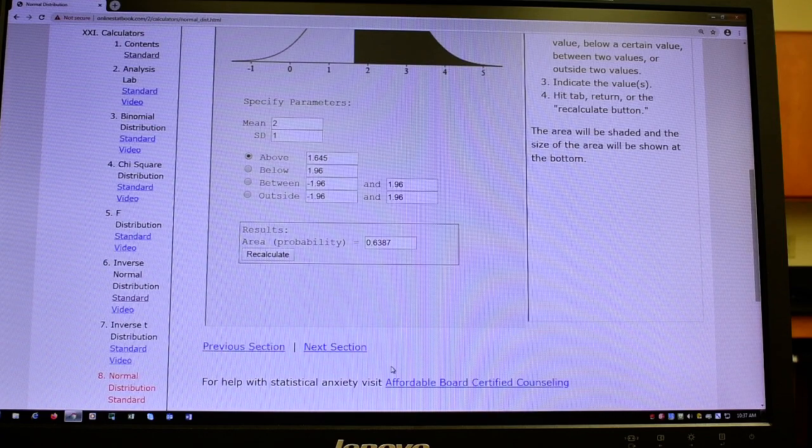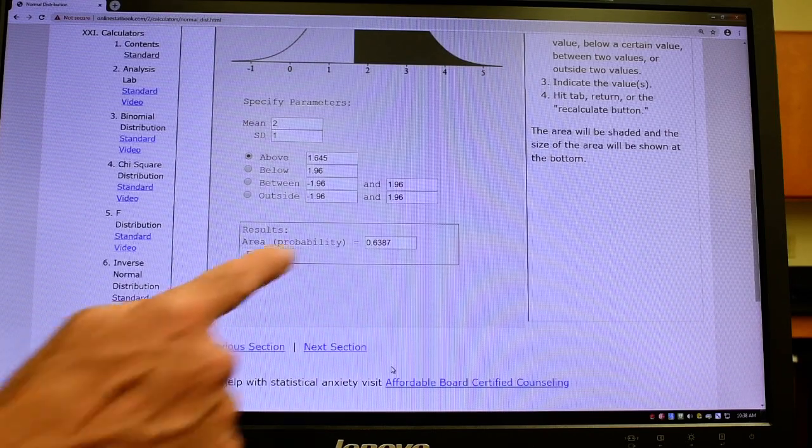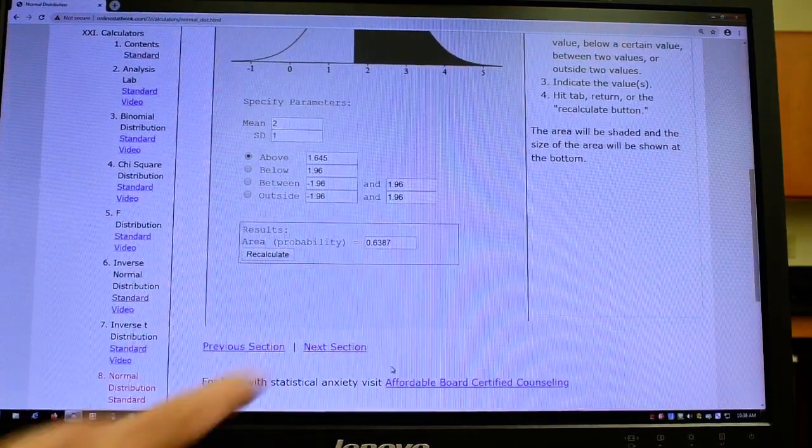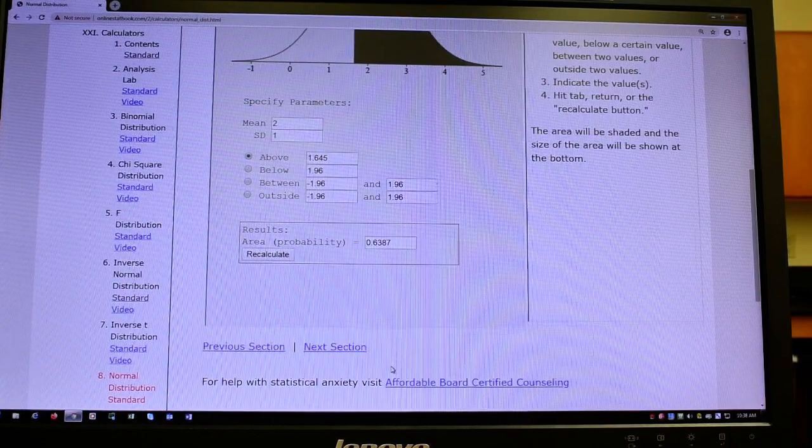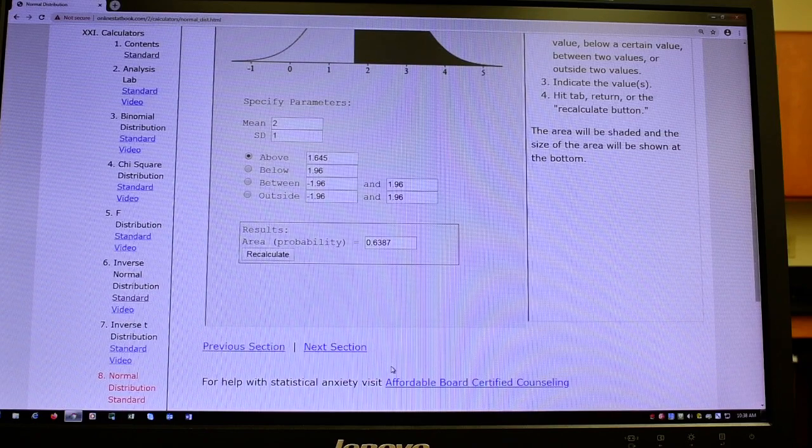This illustrates one of the reasons why people get really suspicious if you try and do one-tailed tests, because they know you have a higher chance of rejecting the null hypothesis with the one-tailed test. So notice with this, we have a 64% chance of rejecting the null hypothesis with the one-tailed test. That's the only thing that has changed from the last illustration.